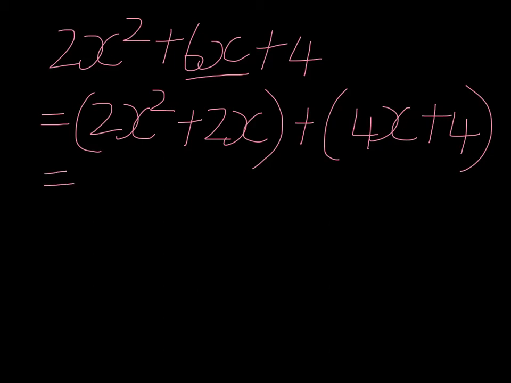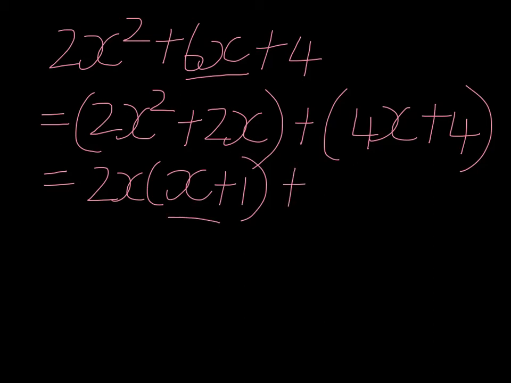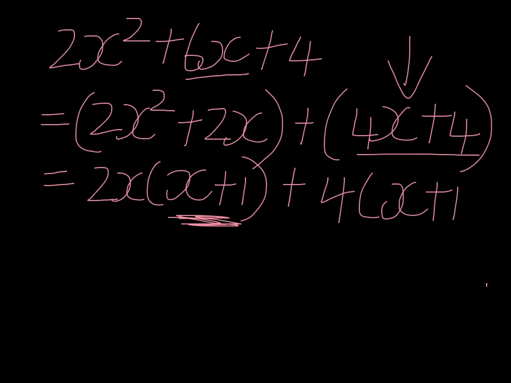We're now going to factorise each of these brackets. So the highest common factor of 2x squared and 2x is 2x, and we're left with x plus 1 in the brackets. And when we factorise this next bracket here, we want to actually get x plus 1 in that bracket. So let's see if that happens. Our highest common factor here is 4. And when we factorise that, we're left with x plus 1.